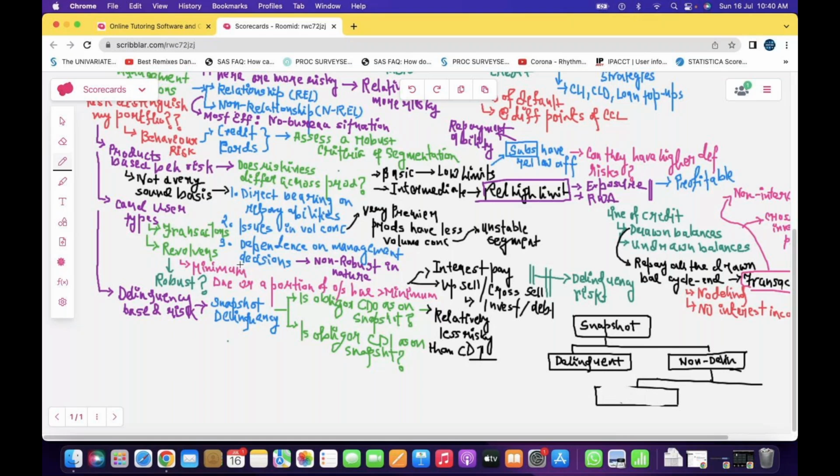What is the dirty segment? The dirty segment is those accounts which are currently non-delinquent, but have been delinquent at least once in the last 12 months. And the clean segment is the one which has never been delinquent.